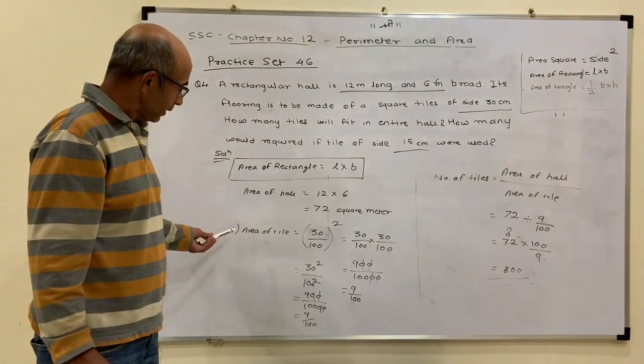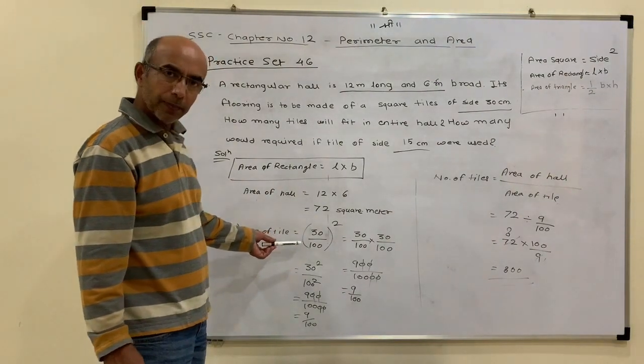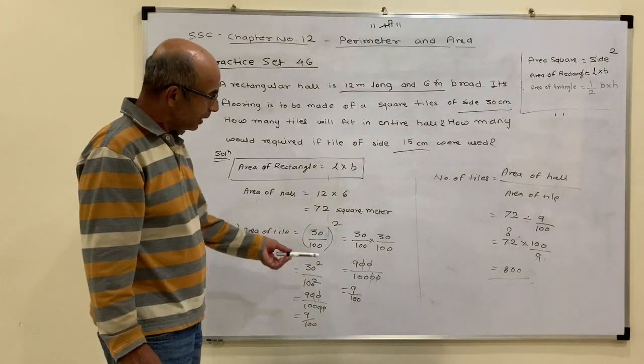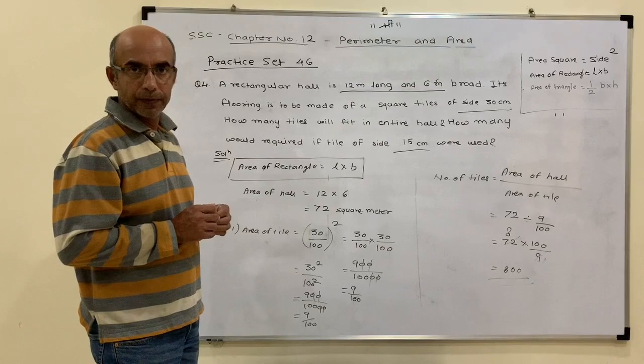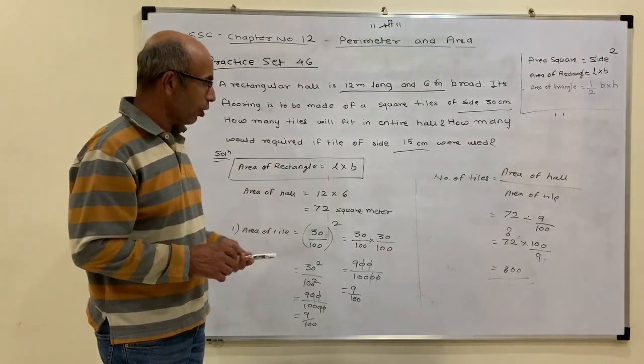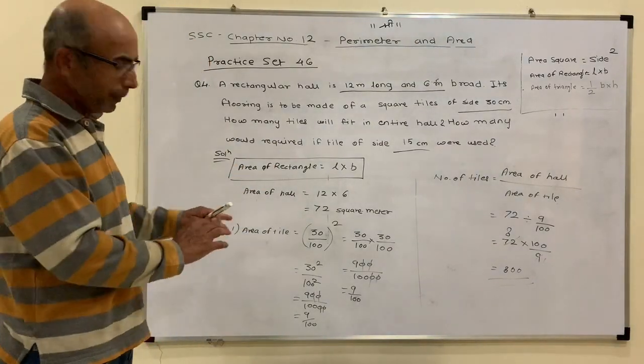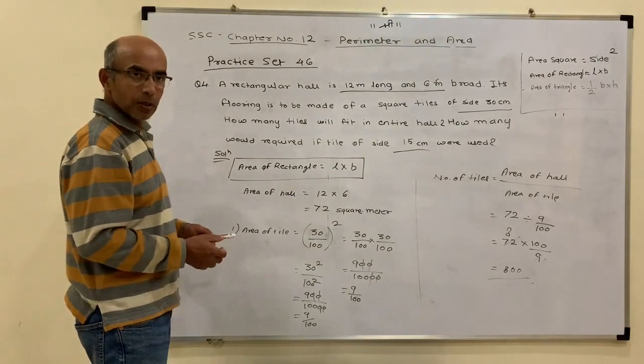So when the size of the tile is 30 centimeter, 800 tiles will fit in this hall. Now I have limited space, so I have to square it off.